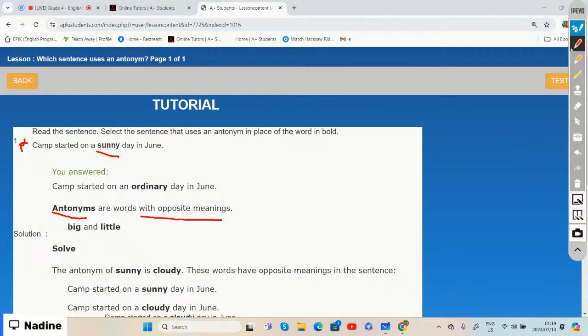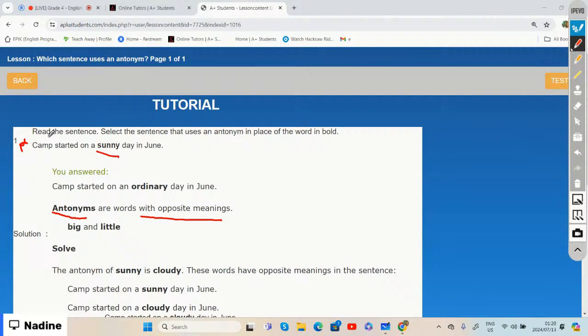If it is not sunny, then it is what? All right, so if it's not sunny, we need to find the opposite.